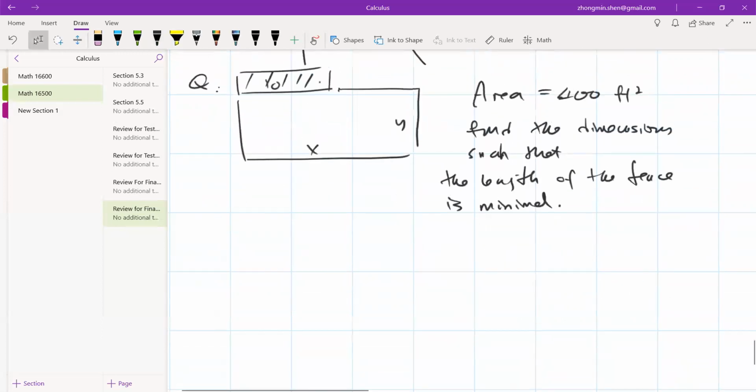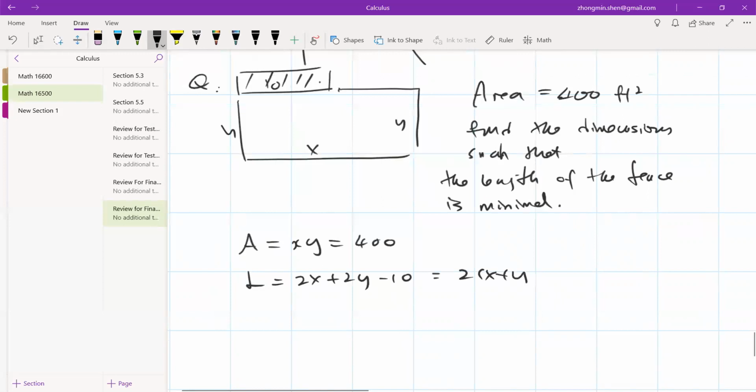So first of all, you are given the area A equals x times y equals 400. The length is going to be what? It's going to be 2x plus 2y, but you have to minus 10. So it's 2x plus 2y minus 10.